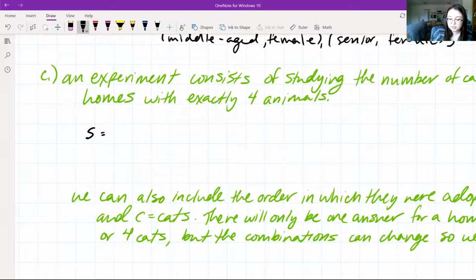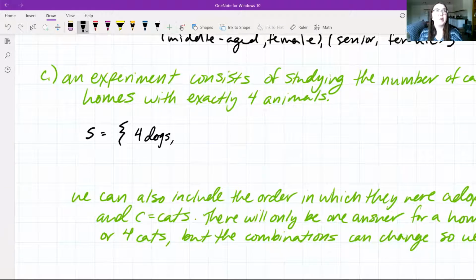So starting with our sample size, if we start with dogs, and we know there's exactly 4 animals, meaning cats or dogs, we can start with saying, okay, well, what about 4 dogs? So we can say 4 dogs.